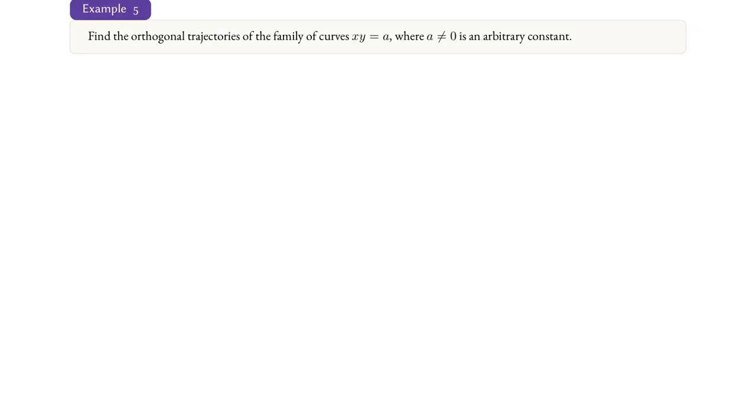For example, find the orthogonal trajectories of the family of curves x times y equals a, where a is not 0 and an arbitrary constant. We first start with y equals a over x, so we isolate y. And since we are looking for the orthogonal trajectories, we have to find the derivative, which is the slope of the tangent line.